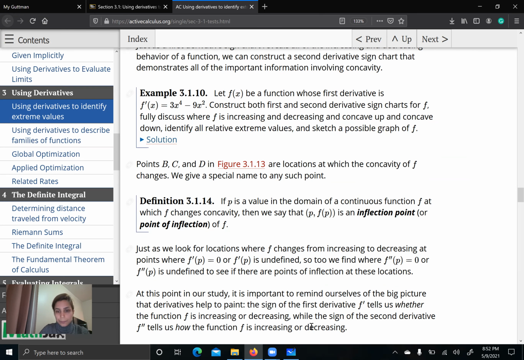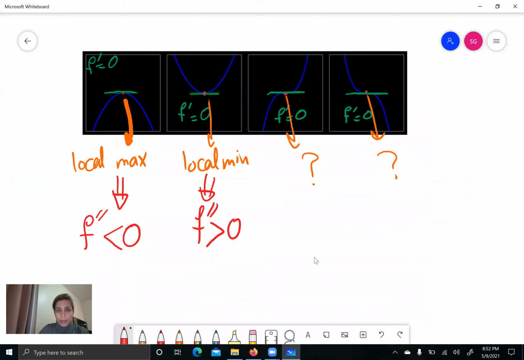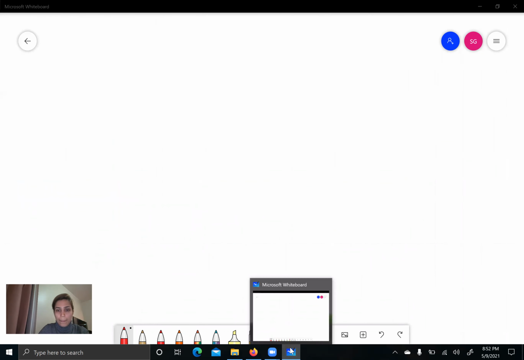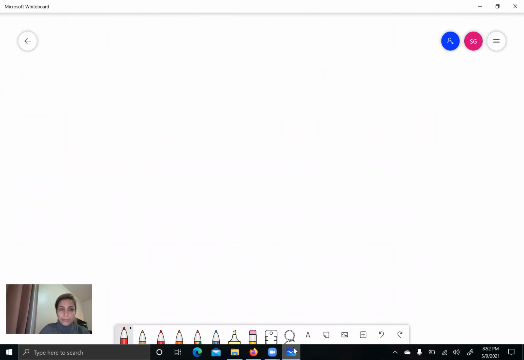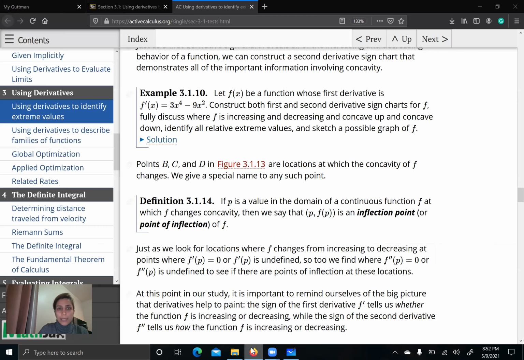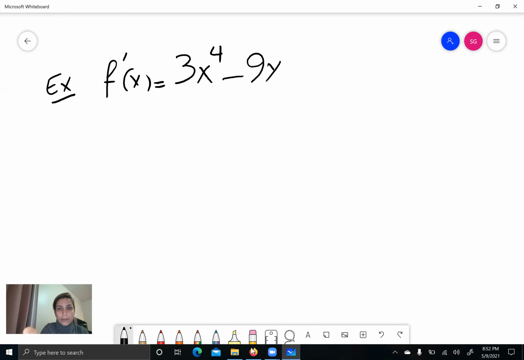Okay, look at this. The first derivative is 3x to the 4 minus 9x squared. That's the first derivative, right?